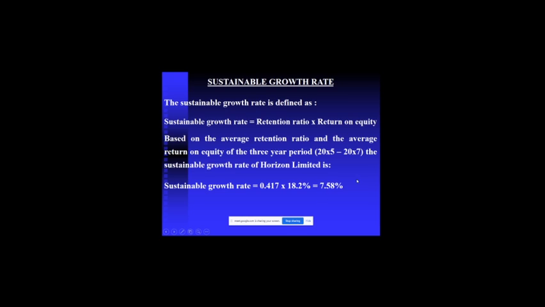It may not be in actual terms, but it is a prediction that during the next few years or in the future you can see this percentage of growth rate. That is the sustainable growth rate. The particular business could sustain this much growth rate. Okay, so this could be analyzed as a prediction.